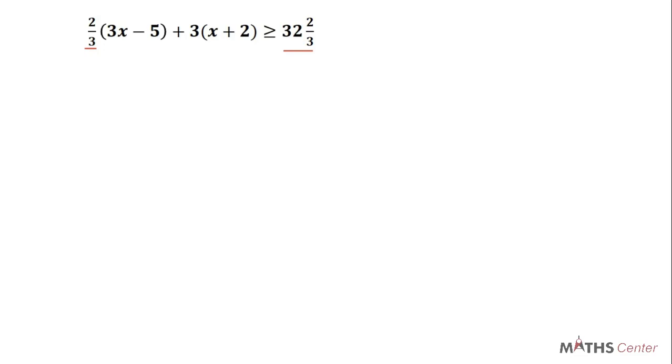Now because we have a mixed number, your first step is to convert the mixed fraction to improper fractions. In the video on fractions, we learned how to do that. So that's the first thing you need to do here. So you are going to convert 32 whole number 2 over 3 to improper fraction.